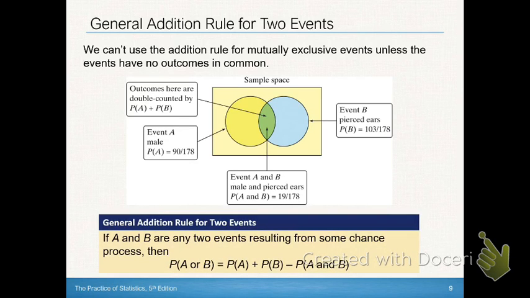If you counted the males with pierced ears twice, you'd have to subtract them out once so that you're not counting anyone twice. That's basically where this general rule for addition of two events is coming from. Now, if the two events are actually disjoint or mutually exclusive, then the probability of them both happening simultaneously is 0. So subtracting 0 leaves you with that original addition rule. So this rule here will work in any situation.